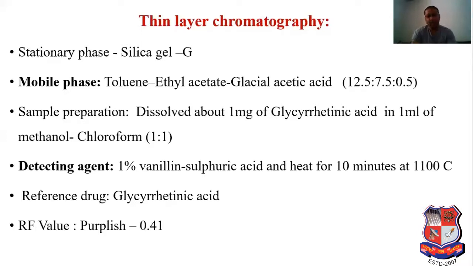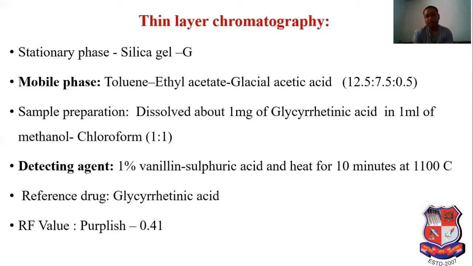Here we are using glycyrrhetinic acid as the reference or standard drug. We make one solution of the standard drug and another solution of the sample. Then we put both spots on the TLC plate: one is the standard, one is our extract.